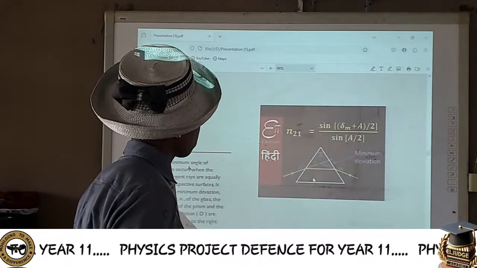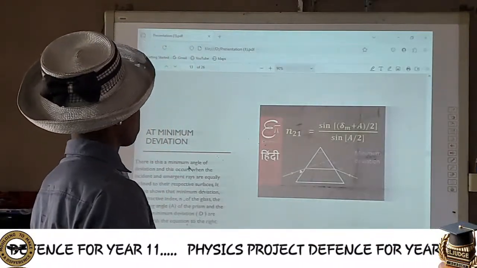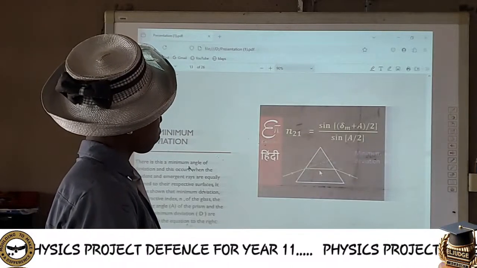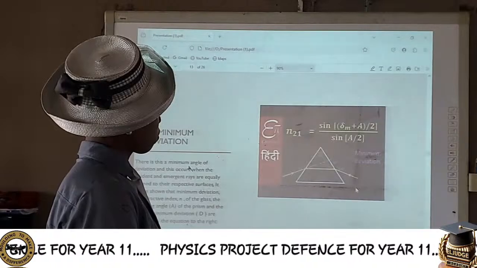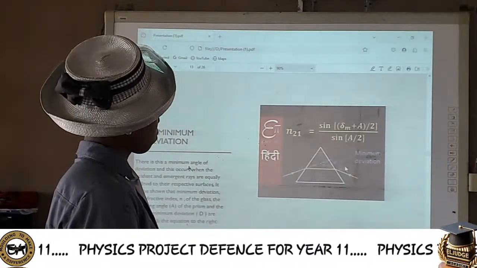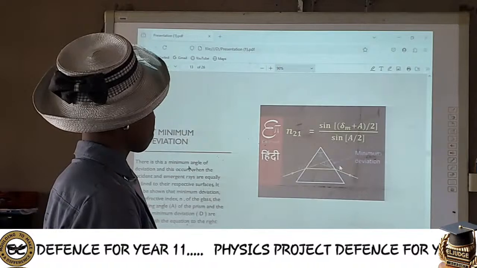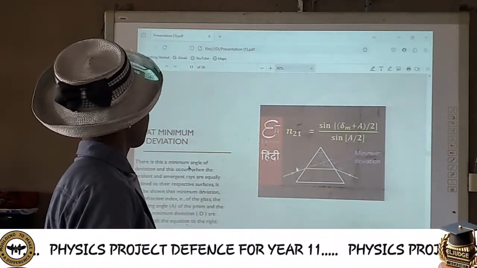This is the air medium, glass medium. You can see the incident ray moves here and refracts through this and emerges here. The angle between the normal and the incident ray is the angle of incidence.